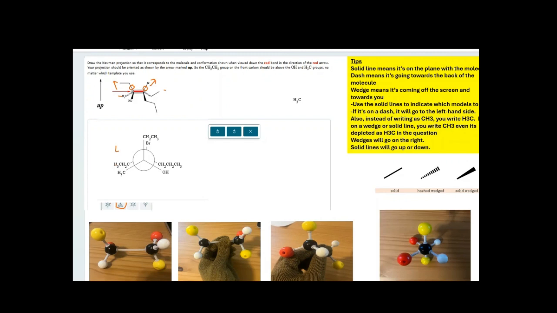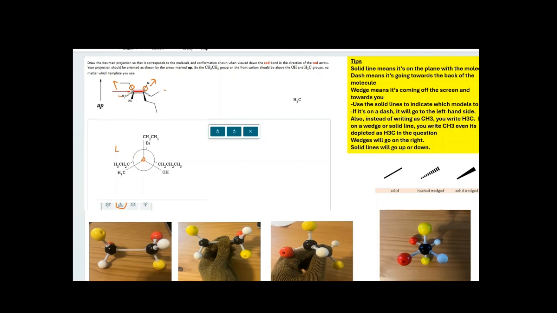So if it's on the dash, it goes to the left right here. And again, this compound right here is going to be your left carbon. So how you have H3C here, you're going to write H3C there, because it's on the left-hand side, and when it's on the dash, you're going to write it backwards, to make sure that the line is still connected to the carbon.